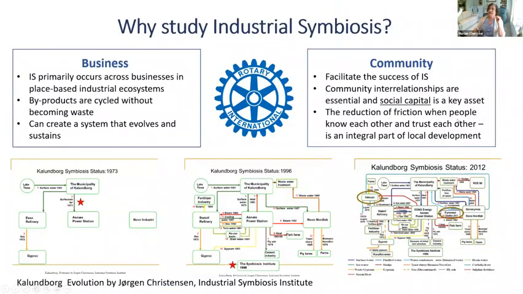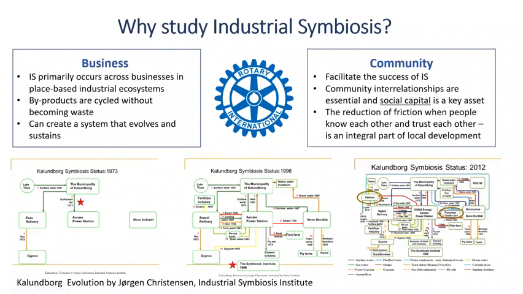On the community side, and especially in Kalundborg, the big word is the Rotary Club. It turns out that a lot of the business people in the small city belong to the Rotary Club, and this form of community has really made this work, that the community has been so dedicated and has such good interrelationships and a certain amount of social capital.